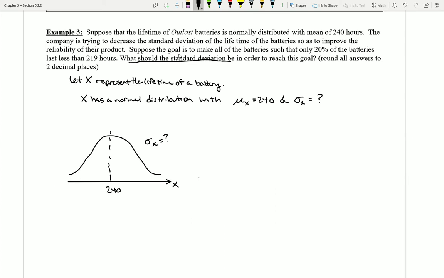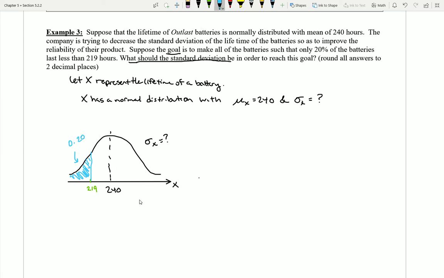I know that there's a goal, and that's to make it so that only 20% of the batteries last less than 219 hours. So this is interesting. I could go ahead and put this 219 on the number line, and I know that if I shade below it, the goal is to have this amount of space be 20%, or 0.20.